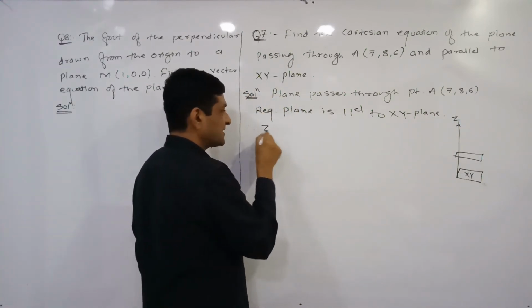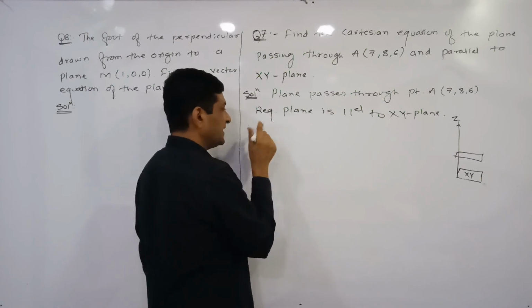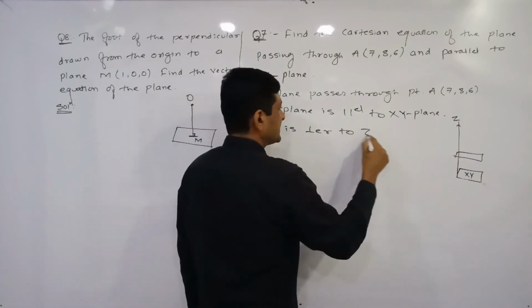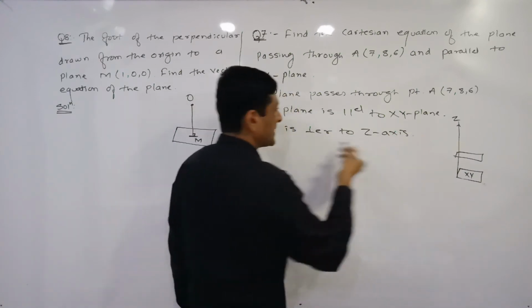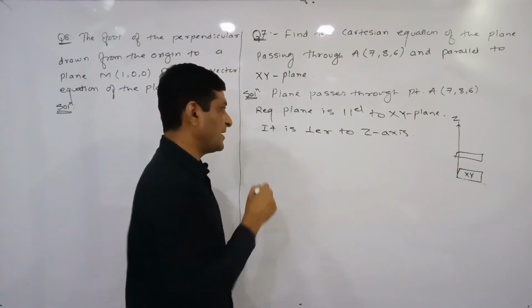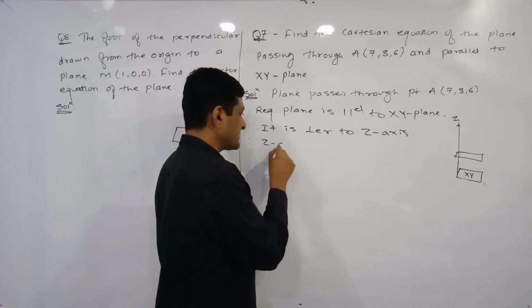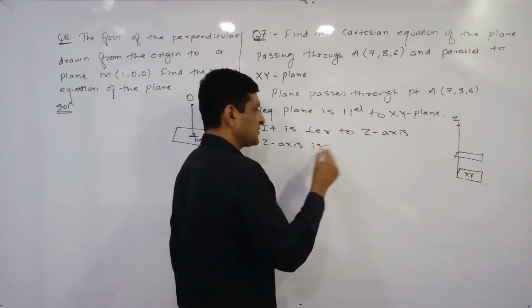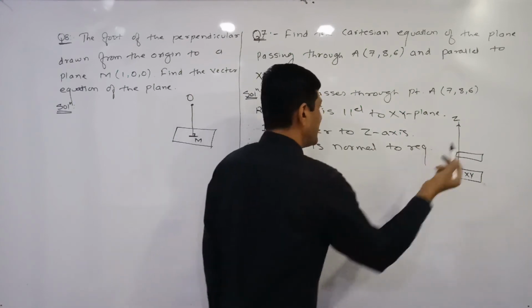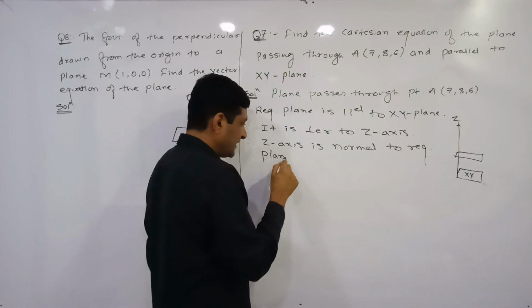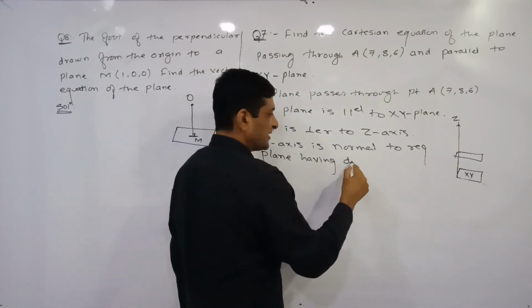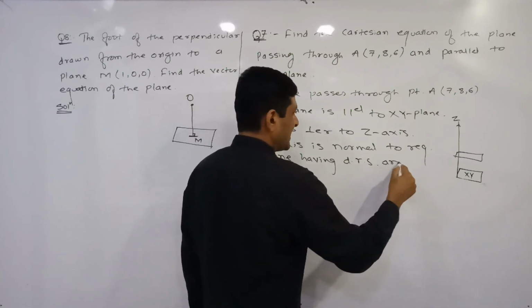Therefore the Z axis is perpendicular to it, and since it is perpendicular, we can say that the Z axis is normal to the required plane, having direction ratios.